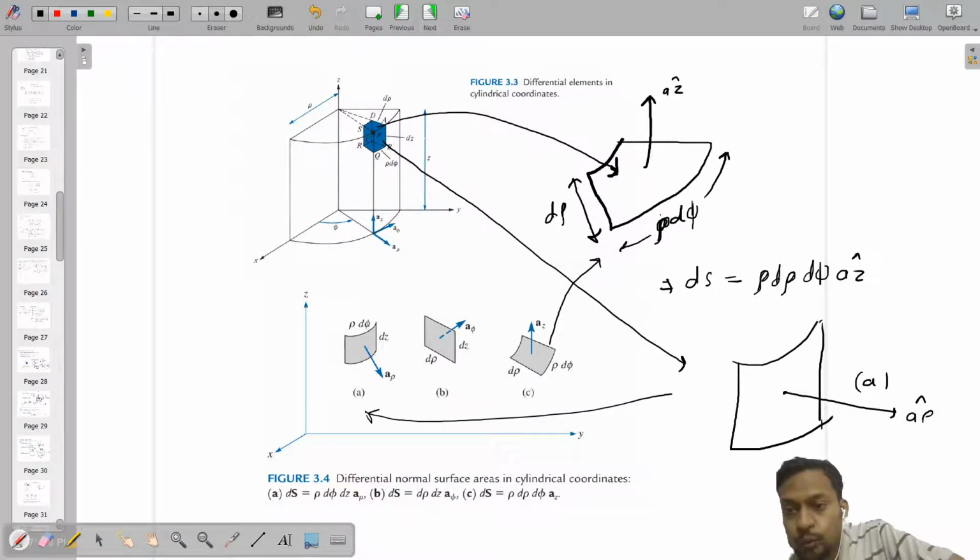We have two varying lengths. The first is the arc length rho d phi, and the second is the differential length along the z direction. So the differential surface in the cylindrical coordinate system for normal vector a rho can be written as rho d phi dz.